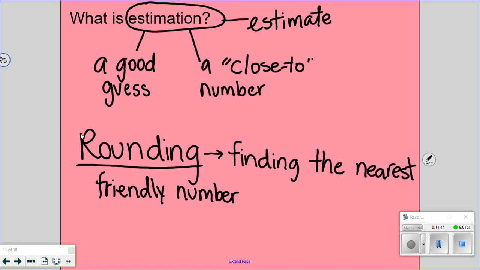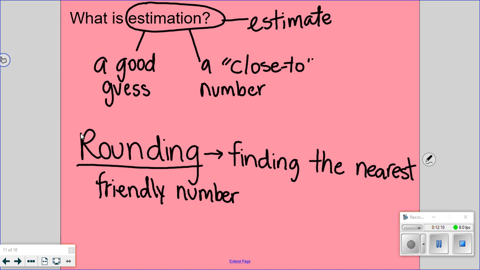When we're rounding, we're trying to find the nearest, aka closest, friendly number. What do I mean by friendly number? Have you heard that before? Friendly number? What does that mean?